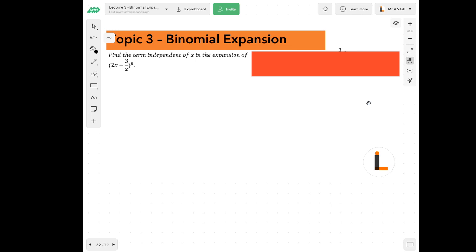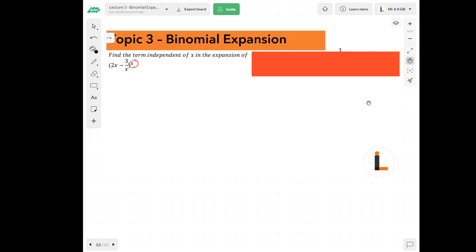We only want to go through and do all of that working and spend all of that time if we can't figure out any other way to do it. But what we understand is how we get this independent term of x. And that only happens when we have x on numerator and denominator with the same index. We can see we've got a power of 8 here.